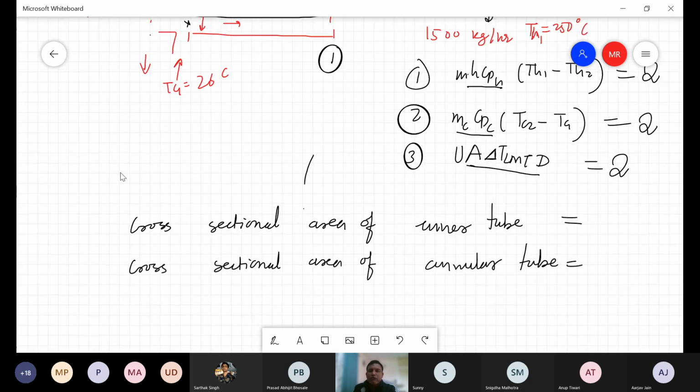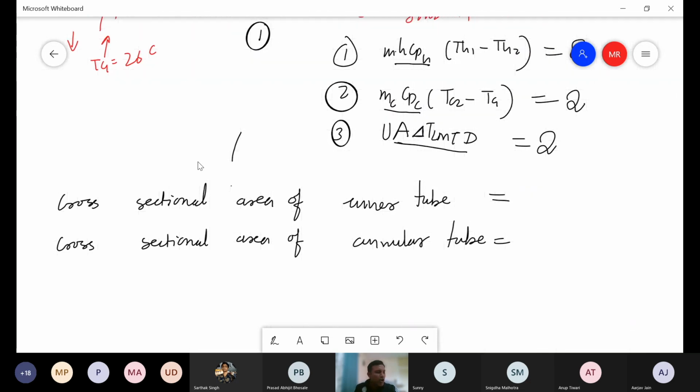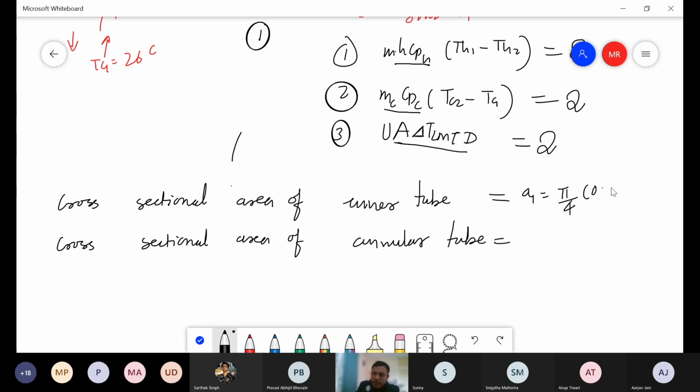But before that, let's look at the cross-sectional area of the inner tube. What will be the cross-sectional area of the inner tube? Let's say it will be A1. So A1 will be given by what? The inner tube is the tube through which the mercury is flowing. So what is the inside diameter of the inner tube? 13.5 mm, isn't it? So this area will be pi by 4 times 0.0135, since 13.5 mm is given, squared.